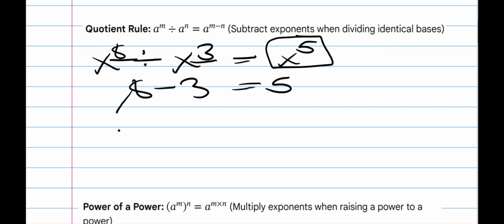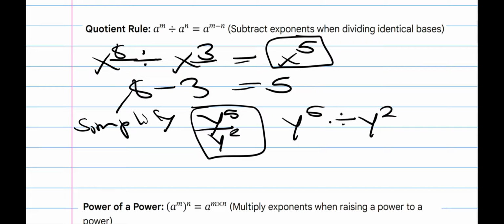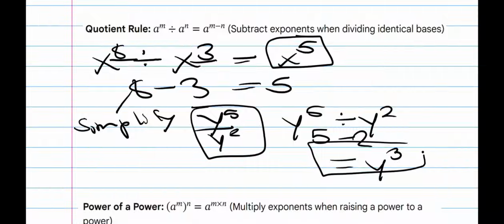Next would be simplify y fifth over y squared. This is simply y fifth divided by y squared, and what you need to do is just 5 minus 2. You just subtract the exponents, and that would be y to the power of 3. That's how you get the answer. And the last 3 examples.